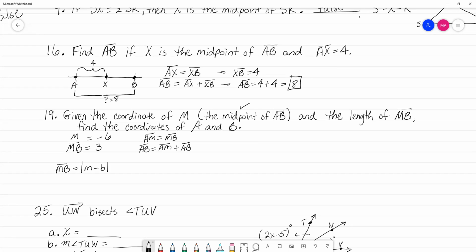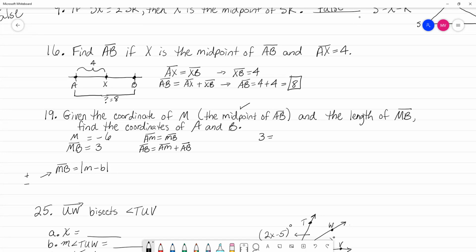Now, when you are using the formula to calculate your endpoints, anytime you have absolute value, you must have a length that's going to the left of the midpoint and a length that's going to the right of the midpoint. So you must have a positive version and a negative version. So when we do that, they gave us MB equals 3.